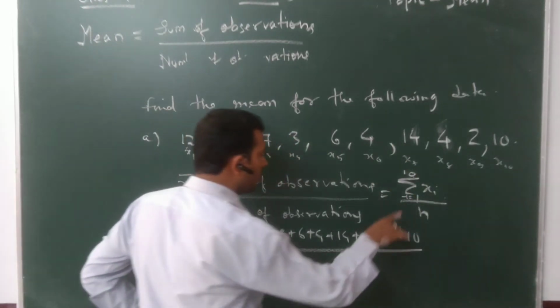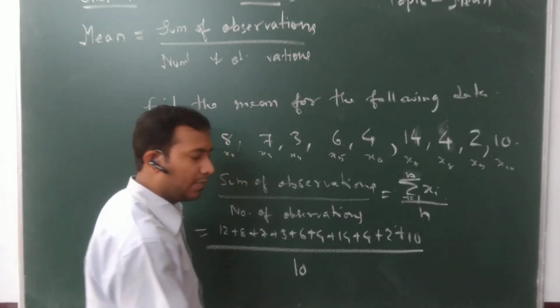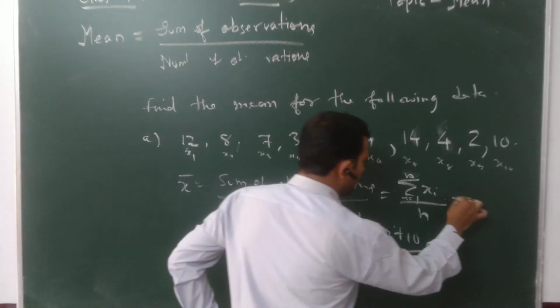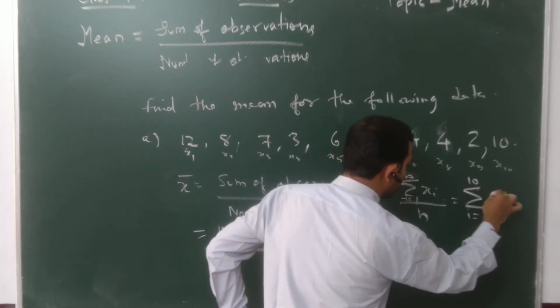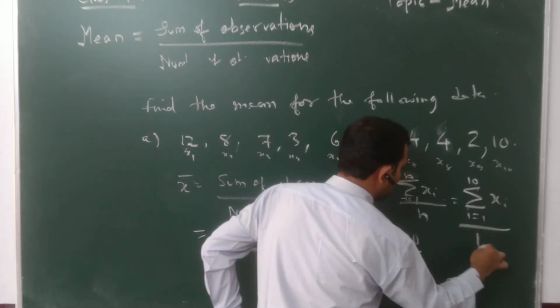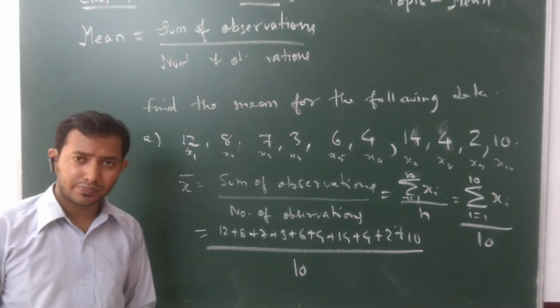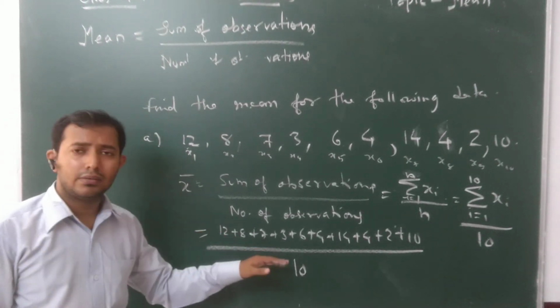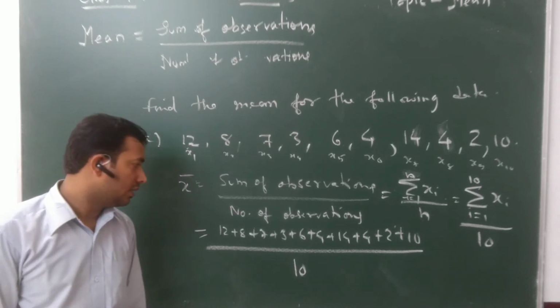Right now, as a formula it is n, but for this problem it becomes summation i equals 1 to 10 of xi by 10. Now you add and divide by 10, and you will get the answer for the mean.